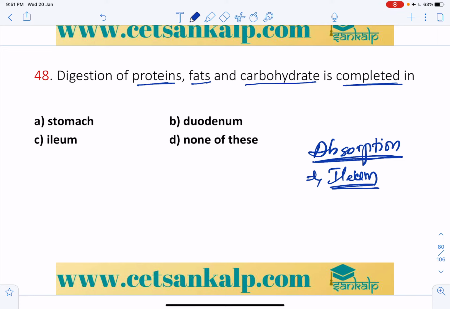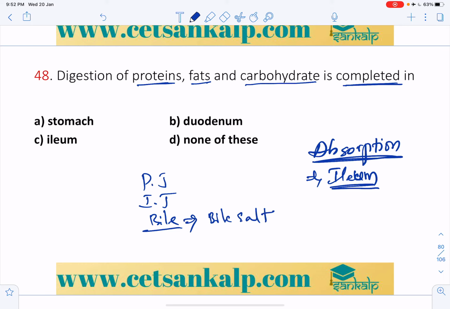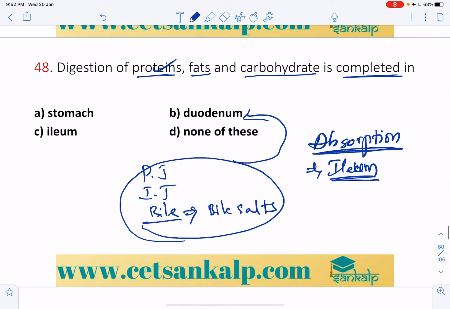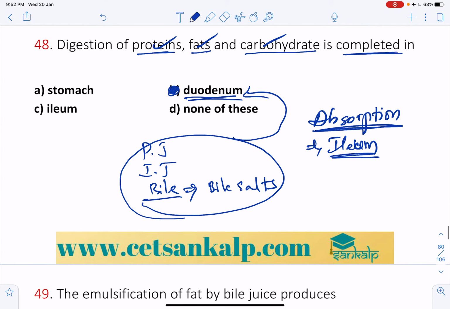Whereas for digestion, the enzymes are poured from the pancreatic juice and intestinal juice, and bile juice has no enzyme but has bile salts. All these help in the digestion of protein, fats, and carbohydrates in the duodenum. So the answer to question 48 is duodenum.